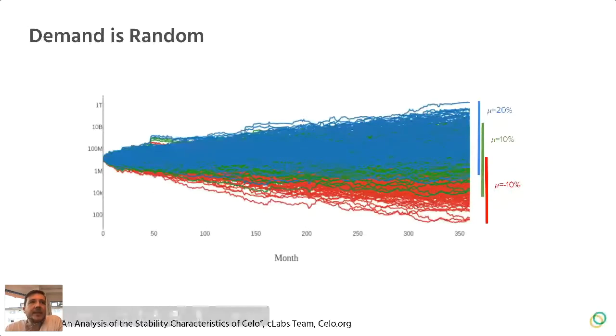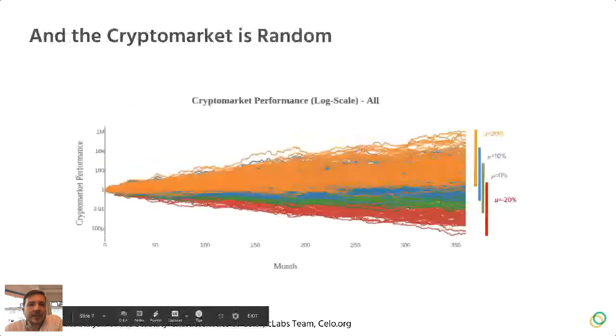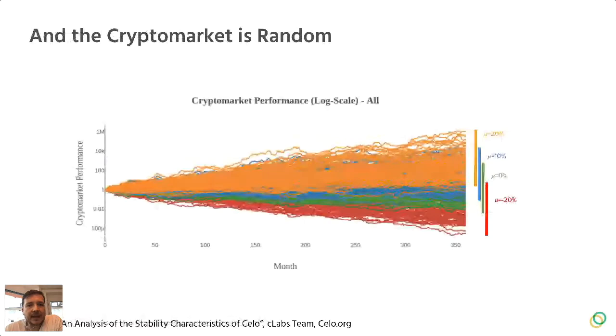And not only the demand is random, but also the crypto market is random. And if you have crypto collateral for the stablecoin you want to look at, and this collateral is basically volatile, you also need to have a look at the volatility of the value of your collateral.